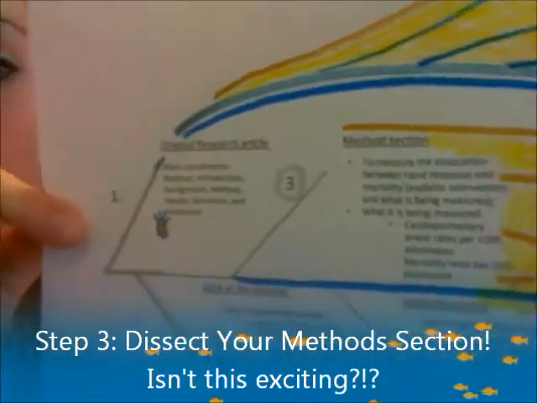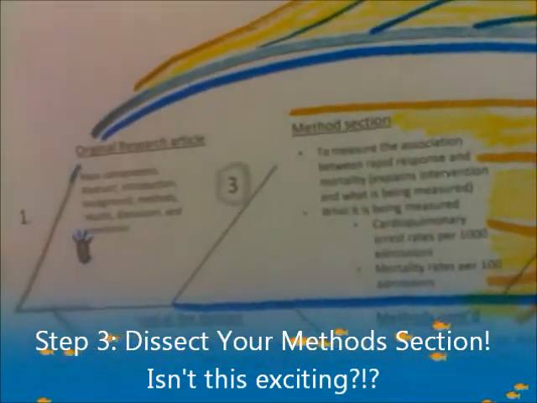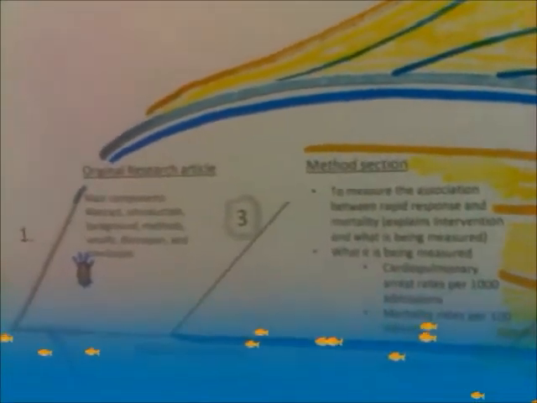The next thing that you want to look at in your article is the method section. You can find a lot of important information in the method section. What you're looking for, as we discussed earlier, is the data, how it was collected, instruments used, and how they broke down that information.